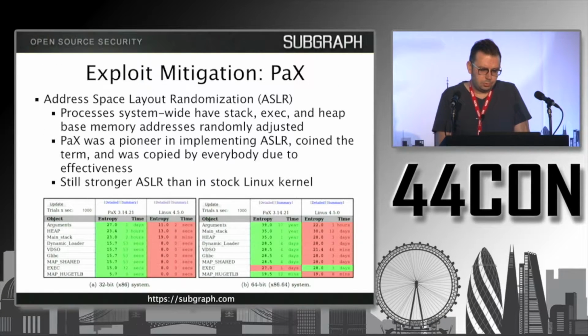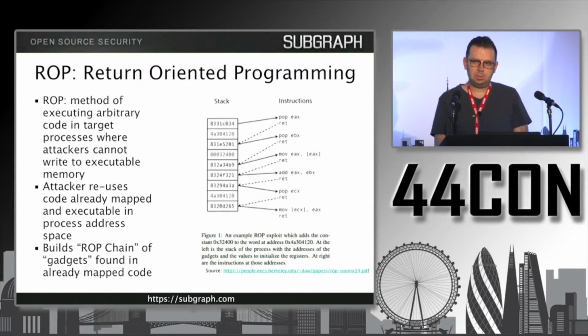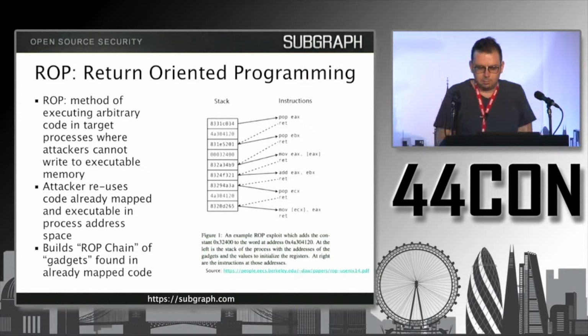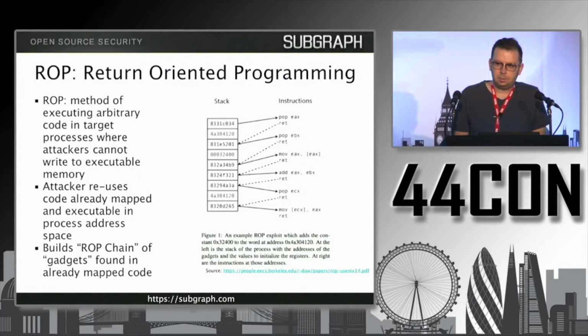To address ROP, the grsecurity team released a public demo version of the Linux kernel patched to be compiled with RAP. So RAP is a control flow integrity system that prevents ROP chains from being constructible, really, by doing forward and backward validation on returns and function pointers being called.